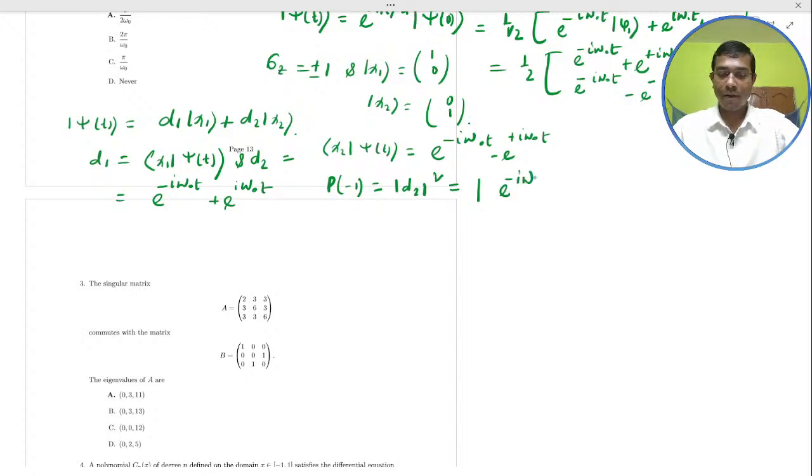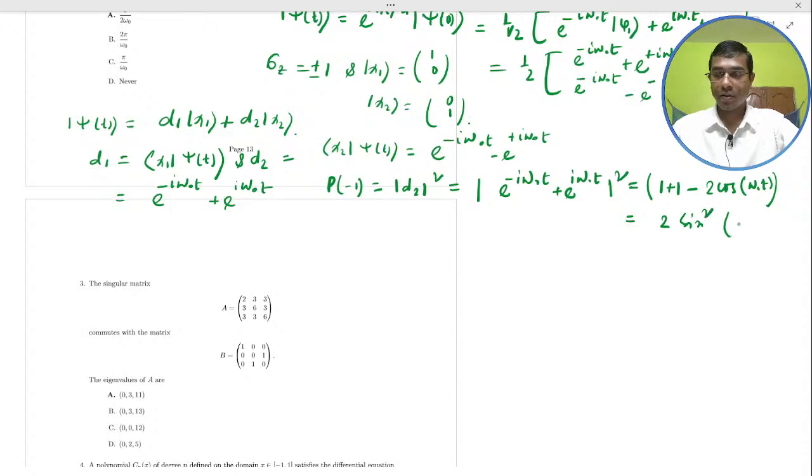Exponential minus i omega naught t plus exponential i omega naught t, mod square. This will become 1 plus 1 minus twice cos omega naught t. This would become twice sine square omega naught t divided by 2.